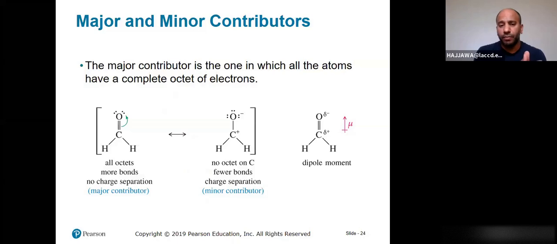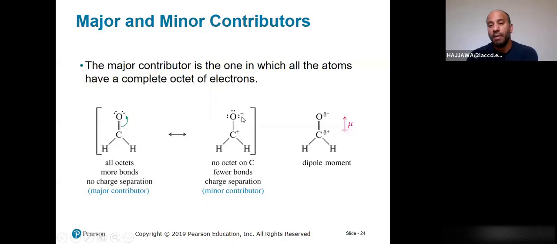Look at an aldehyde functional group on the left versus the resonance form of it. You can see here that there is a plus charge and a -1 versus 0 charges. So the left will be a major contributor right away. And not just because of the formal charge, also because this carbon right here is not fulfilling the octet rule. It doesn't have 8 electrons around it.